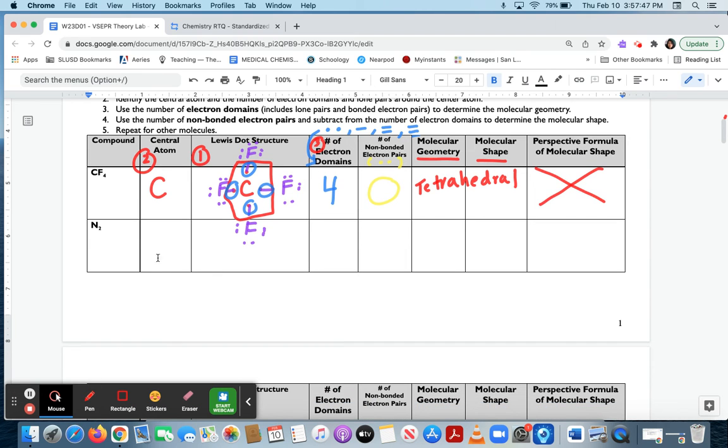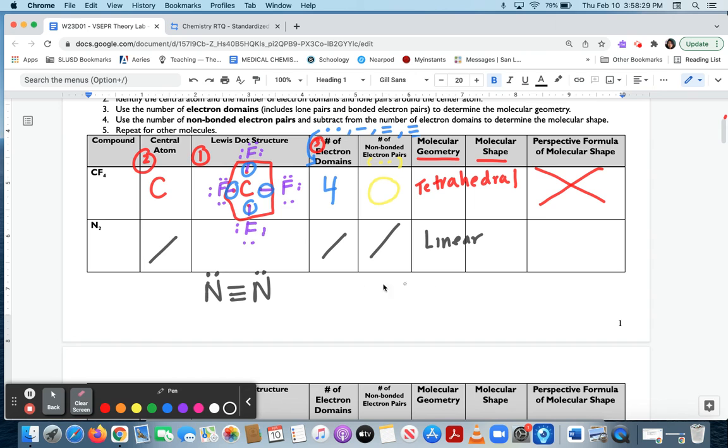Okay, so for the second molecule, N2, I'm going to skip over explaining how to draw the Lewis dot structure, and let's just have that right here. So notice that for N2, there's not really a center in this particular example. So whenever I just have 2 elements, I can refer to both the molecular geometry and the molecular shape as linear.